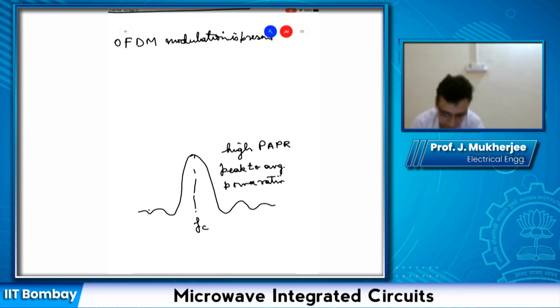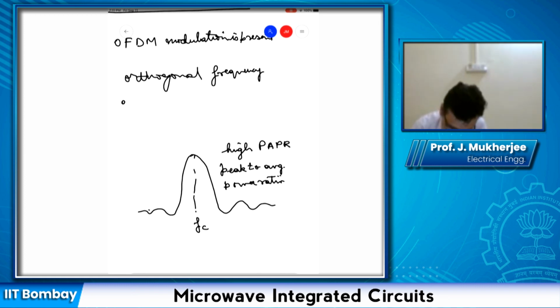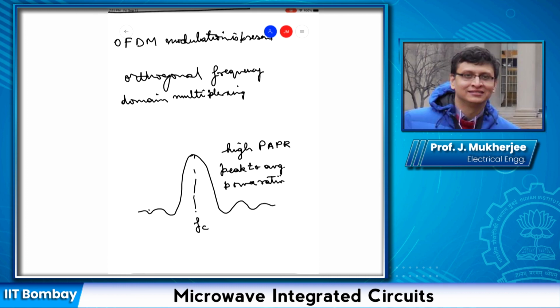Now, the full form of OFDM is orthogonal frequency domain multiplexing.